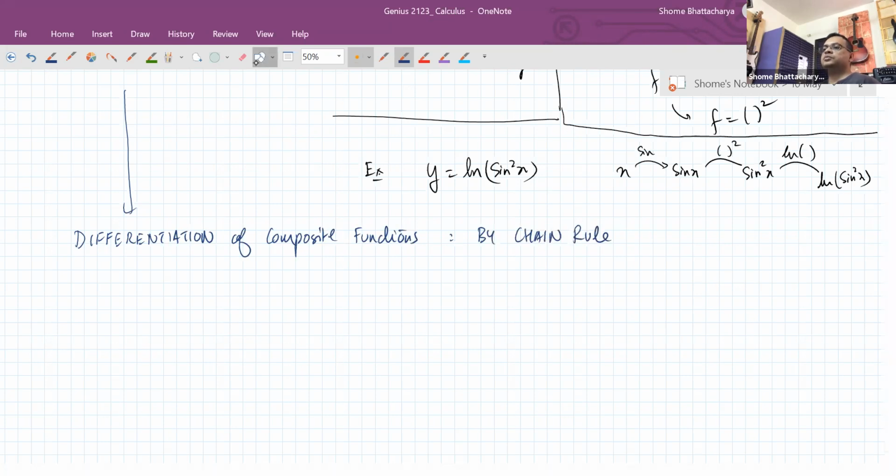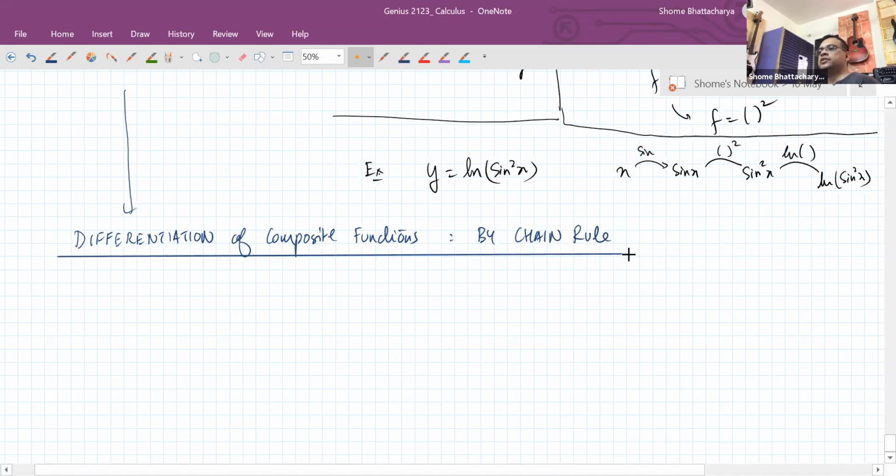I'll just take you through the basics of the chain rule today. And in our next lecture, we will concentrate on a lot of examples of application of the chain rule. So in the chain rule, if the function is expressed in this manner, as a composite function, the first step is substitution.